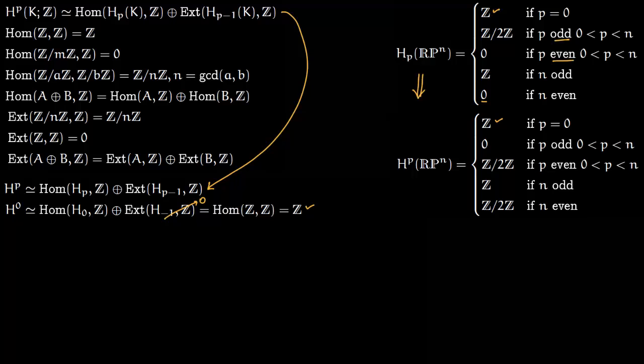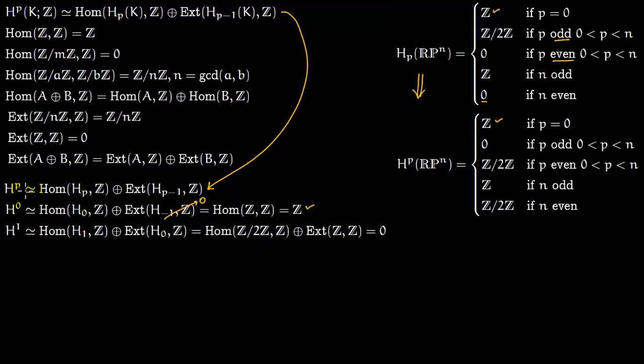So now we come to H^1. Again you use this formula, instead of p you write 1, so cohomology at 1. Again you get the homology group here, p minus 1, 1 minus 1 is 0. So what is this H_1? Look here, p for 1 is odd, so it is Z/2Z. So this H_1 is Z/2Z. What is H_0? For p = 0 it is the integers, so you get this.